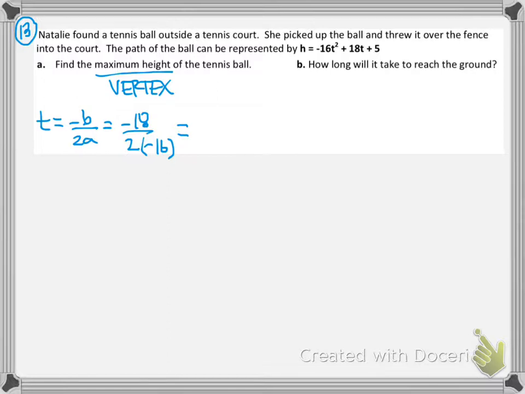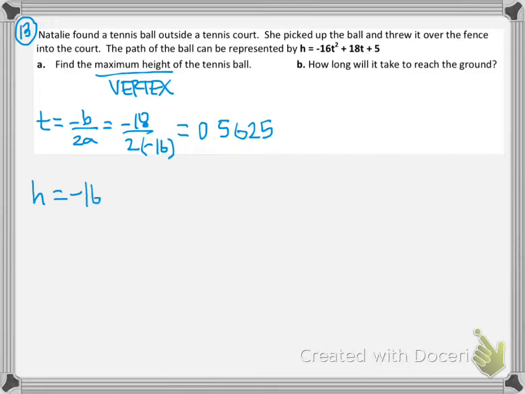So negative 18 divided by 2 times negative 16. So it's going to be a decimal of 0.5625.